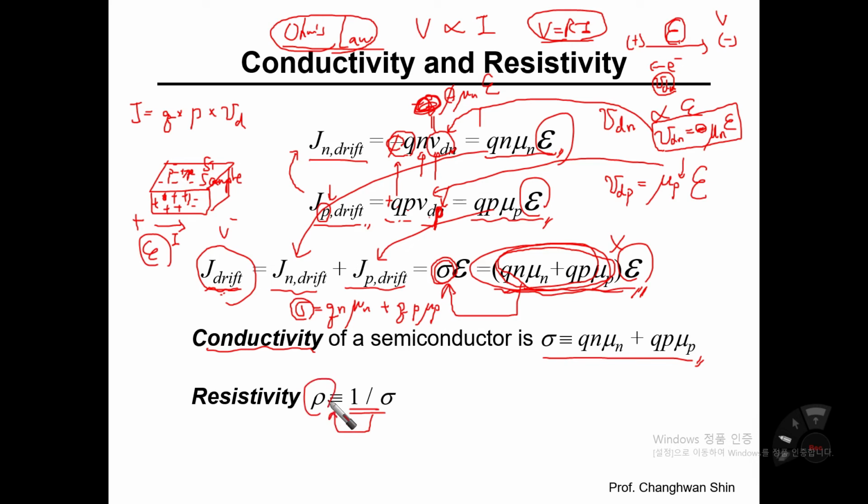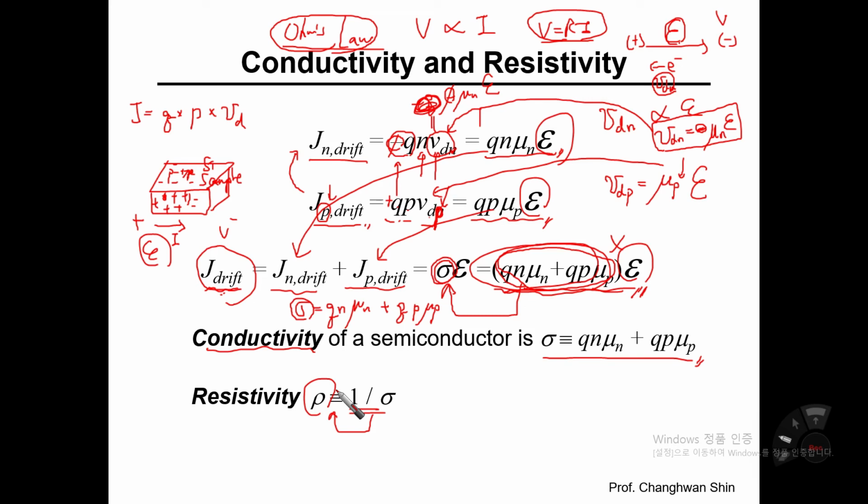You remember the resistivity in the very first slide, entitled what is a semiconductor. We learned that in terms of resistivity, a material with super high resistivity is an insulating material.